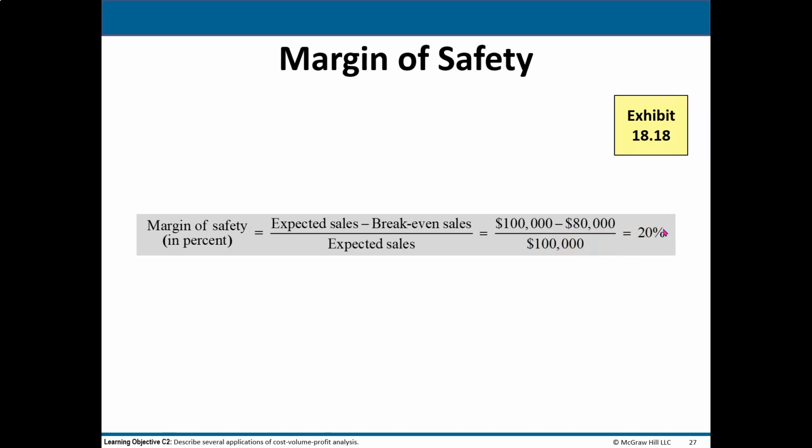Now, management has to decide whether the margin of safety is adequate given factors such as sales variability, competition, consumer taste, and economic conditions. So we need to determine if this is going to be adequate, or do we need to make some adjustments to that.